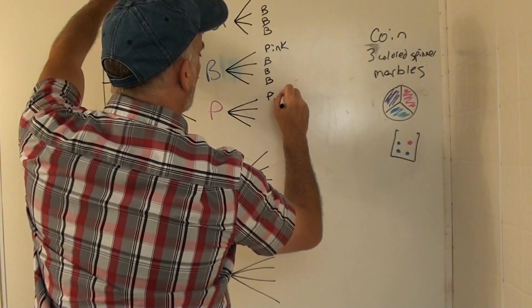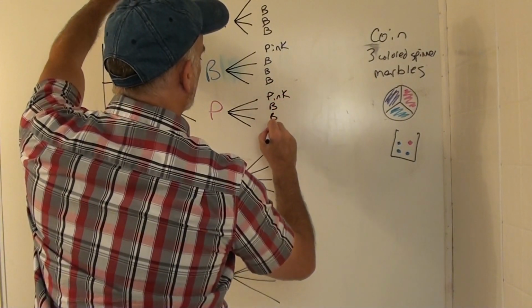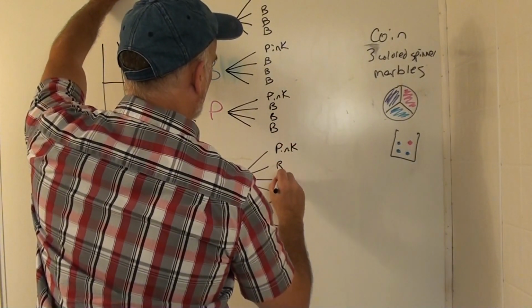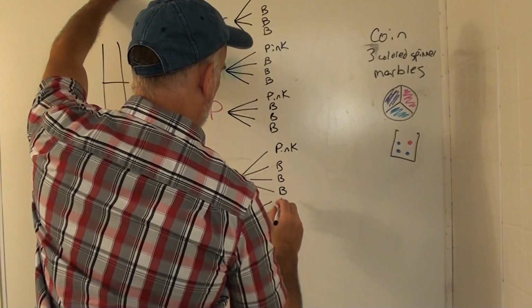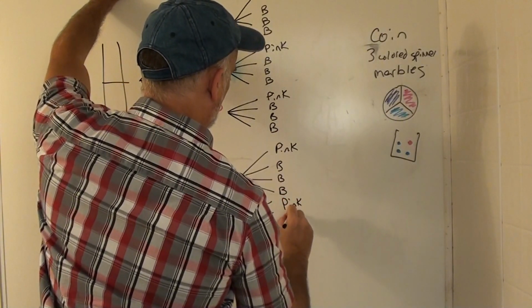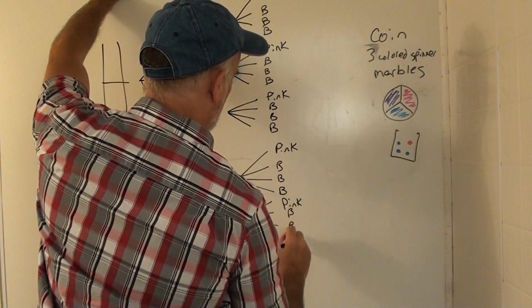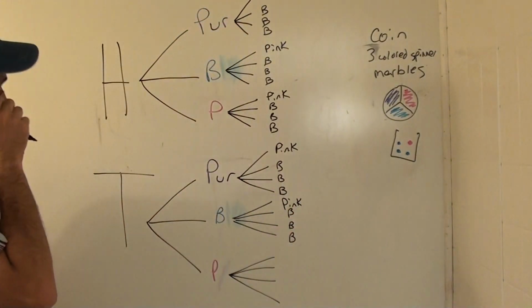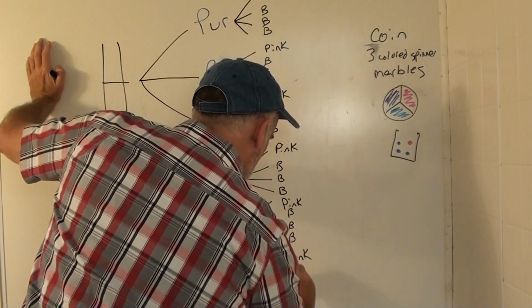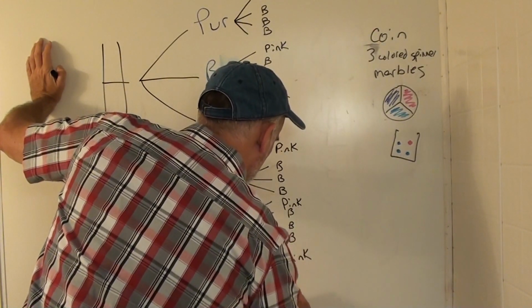And we can go down the line for this. Everything is the same here. When we get to the bag, we have a 1 in 4 chance of picking a pink, and a 3 out of 4 chance of picking a blue.